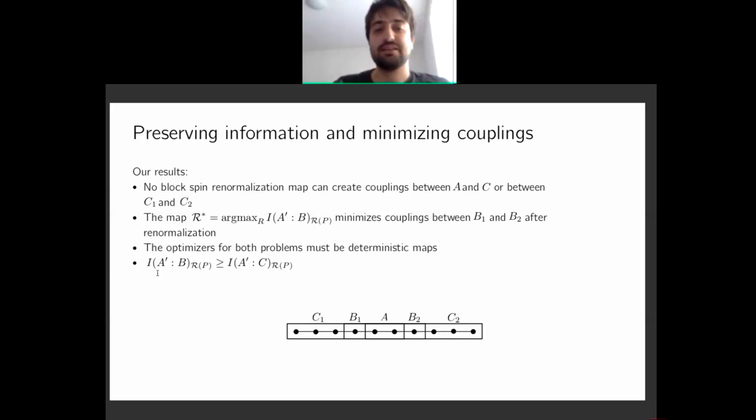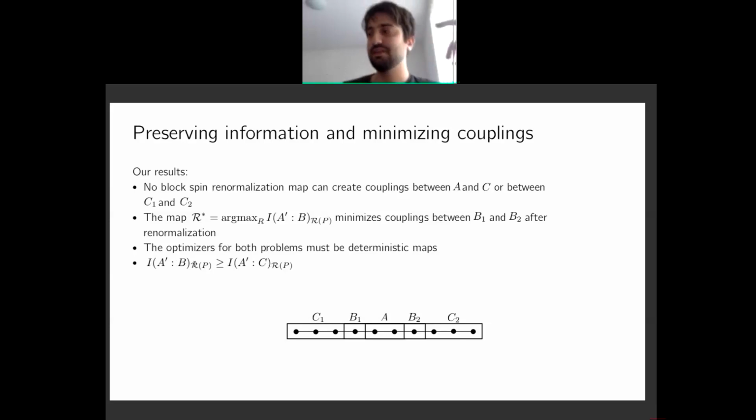And finally, we find that the short-range information after renormalization is lower bounded by the long-range information after renormalization. This means, in a sense, that the RSMI optimization is a sort of relaxation of this short-range optimization, and that by optimizing as much as you can the preservation of long-range information, you're actually, to some extent, asking to preserve also short-range mutual information.